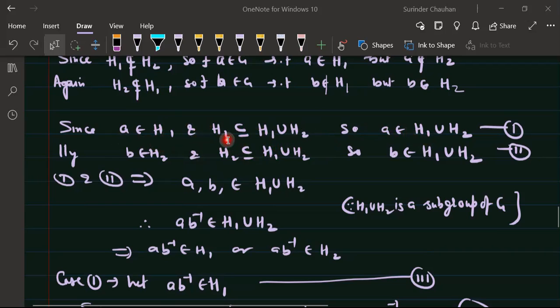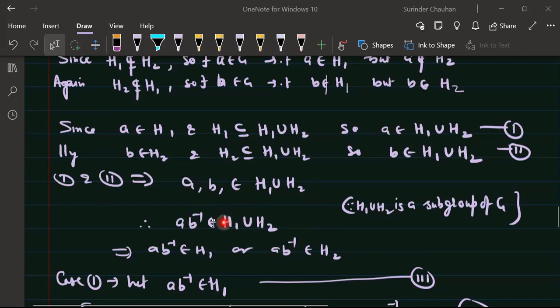Similarly, b belongs to H2 and H2 is a subset of H1 union H2, so b belongs to H1 union H2. So a and b belong to H1 union H2, and since H1 union H2 is a subgroup, ab inverse also belongs to H1 union H2.